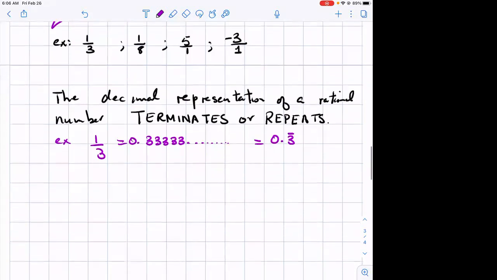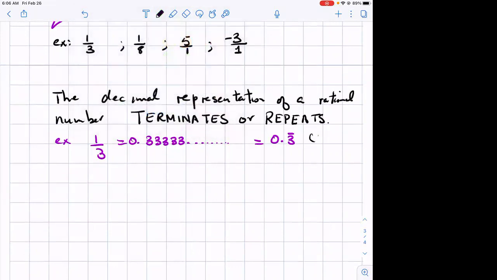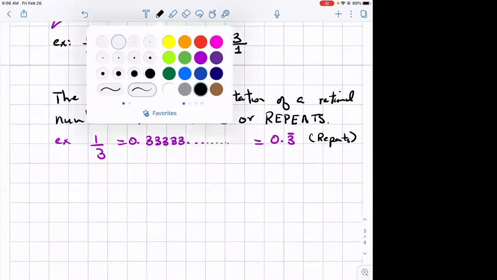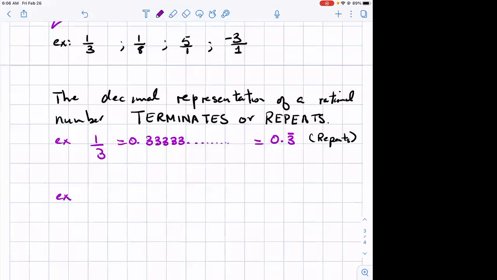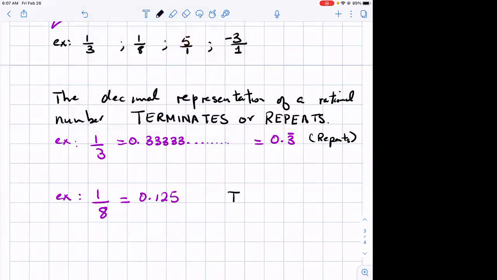On the other hand, 1/8 is equal to 0.125, and we say that this terminates because that's the only decimal representation of it.